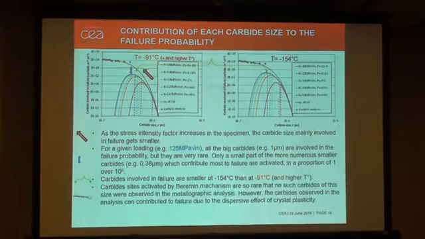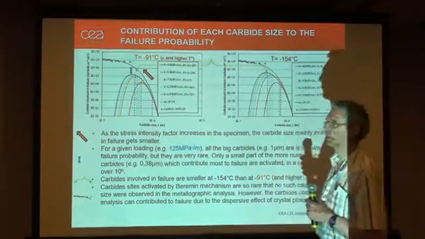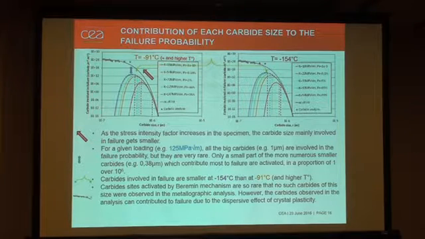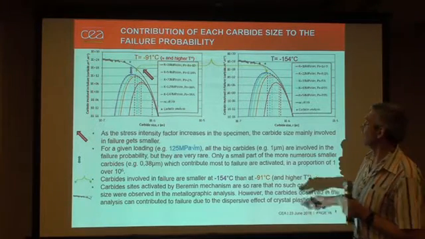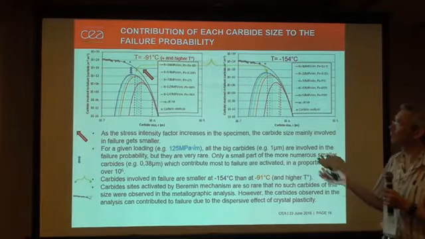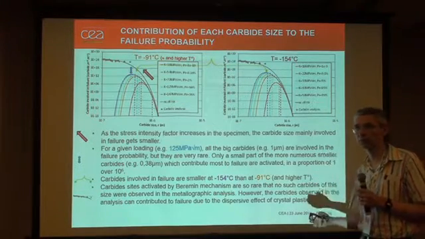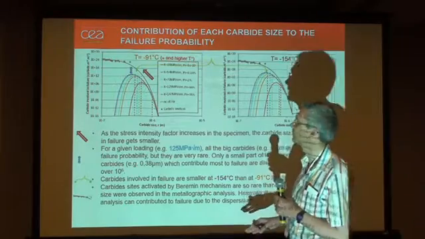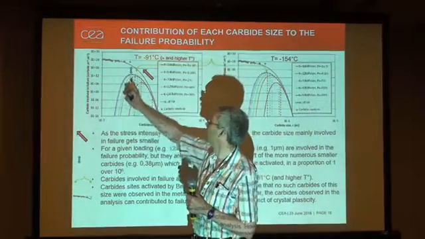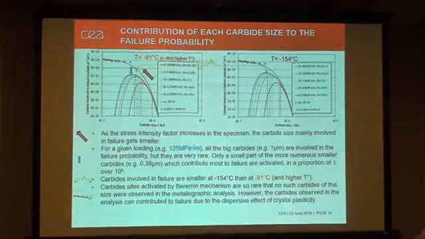Now, the gray points here represent the experimental metallographic carbide analysis, and you see that most of the carbide sites that would have been activated due to the Beremin model, without crystal plasticity, are of a size higher than what we can observe on metallography.